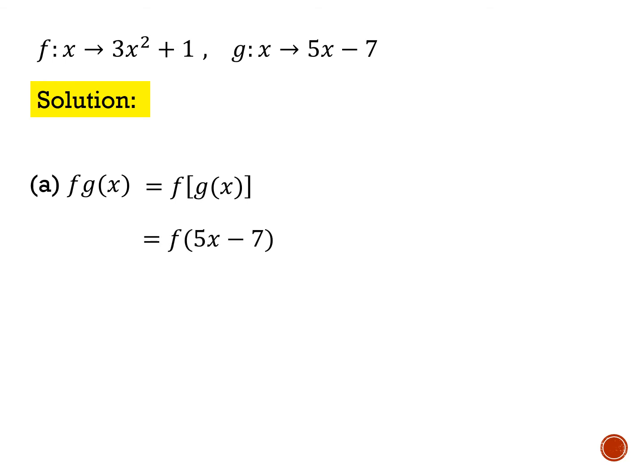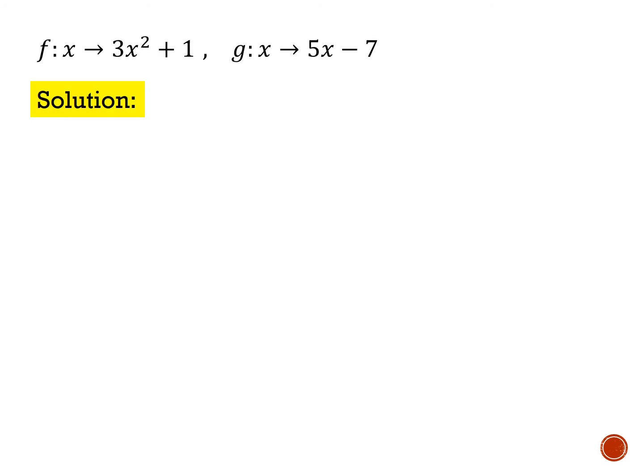We get f(5x minus 7), which is 3 multiplied by (5x minus 7) squared plus 1. Then we expand and simplify, and we get 75x squared minus 210x plus 148.